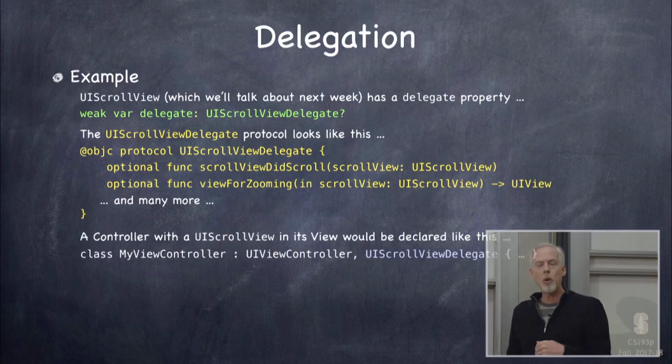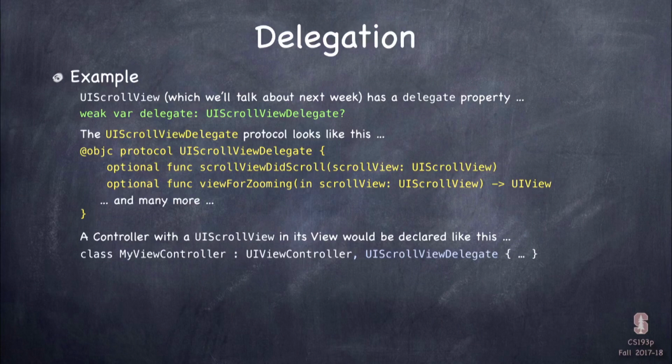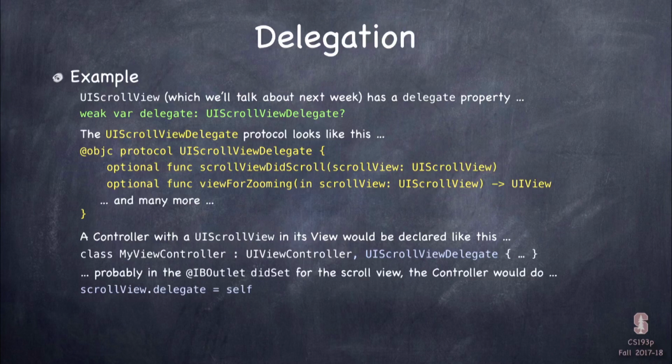So now the controller comes along, my view controller, and it puts comma UI scroll view delegate on the end, and it's claiming I implement that protocol. Then probably in its outlet setter, we'll see an example of this today, when that scroll view gets hooked up by iOS, in the did set of that, it probably says scrollview.delegate equals self.